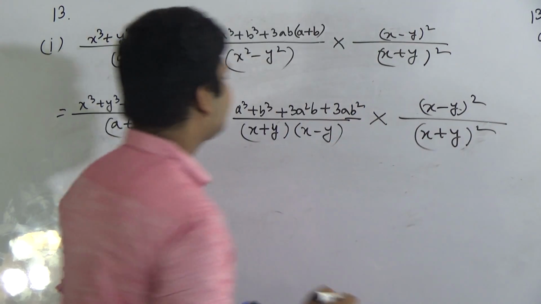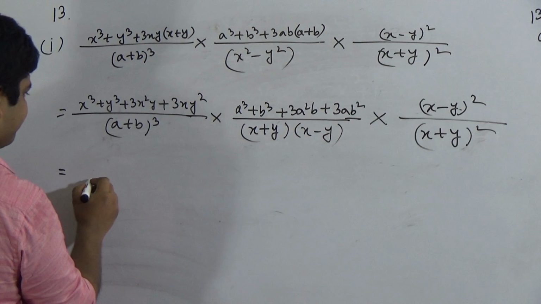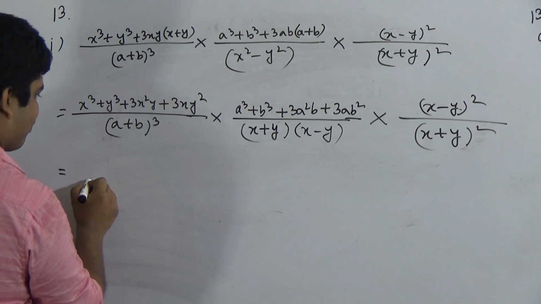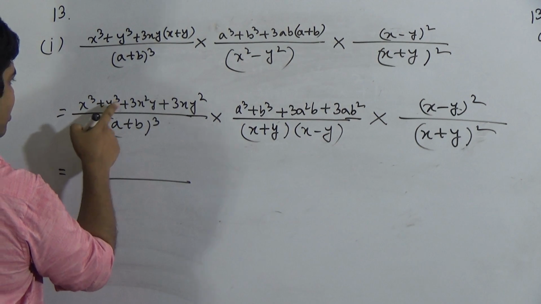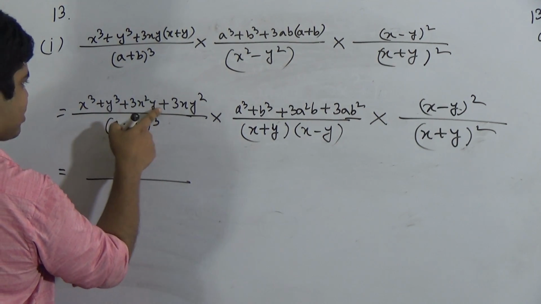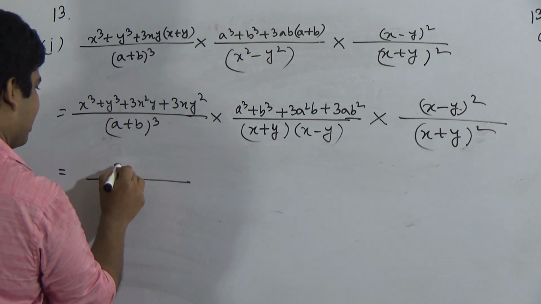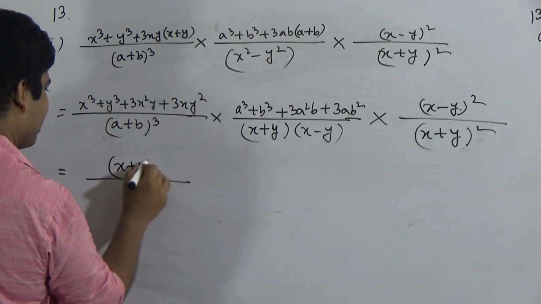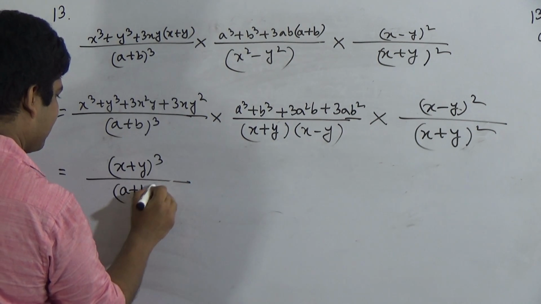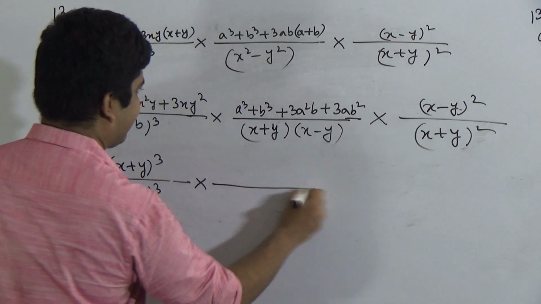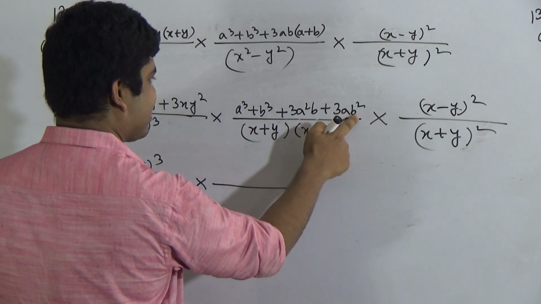y whole square. Okay, now please notice x cube plus 3x square y plus 3xy square plus y cube. That means this is the formula of x plus y whole cube, and here write a plus b whole cube. Multiply by a cube plus 3a square b plus 3ab square plus b cube.